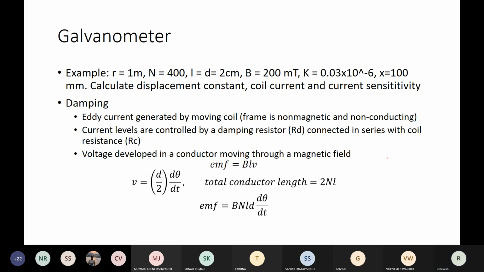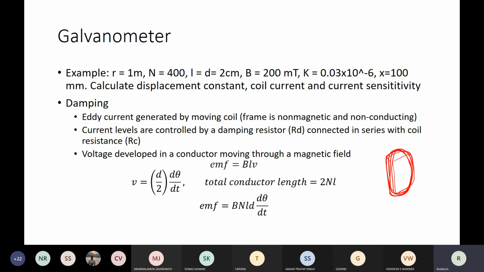That means this is a kind of a frame over which the coil is wound like this. Now this frame is non-magnetic and non-conducting.